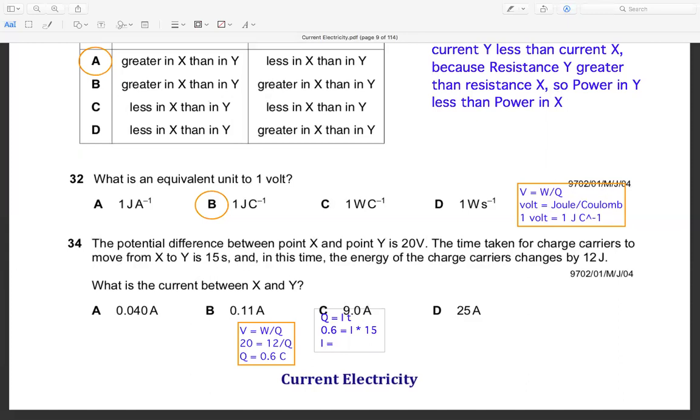Okay, I'm counting first. 0.6 divided by 15 is 0.04. 0.04 ampere. So the answer is A. Okay, that's it.